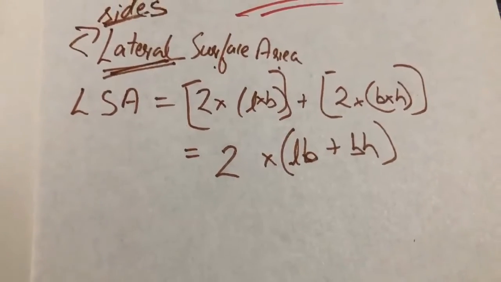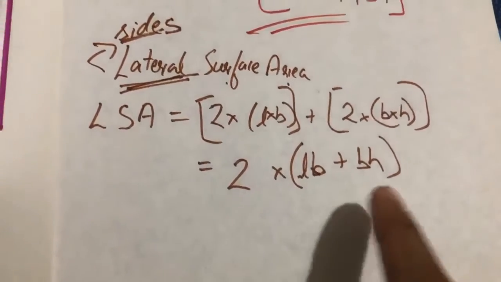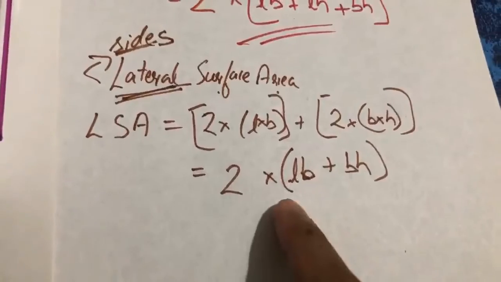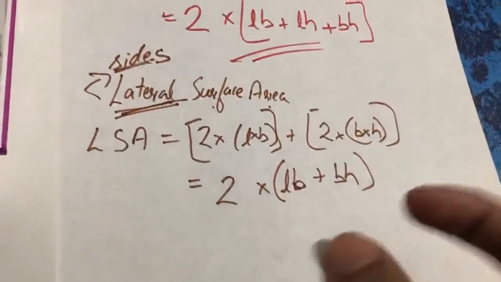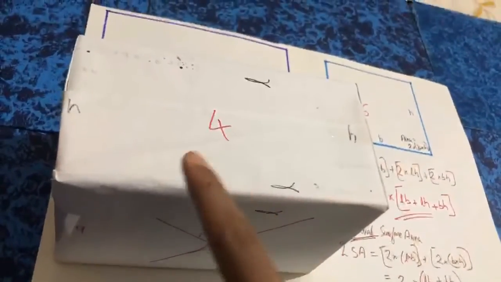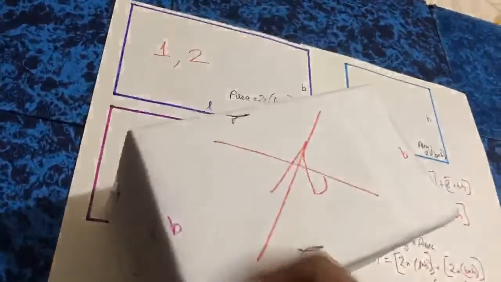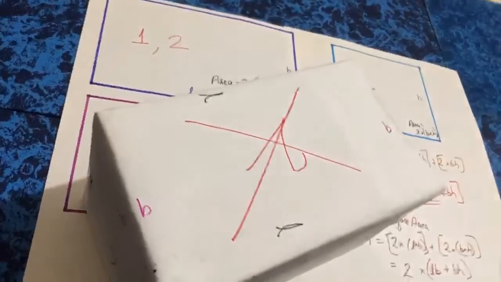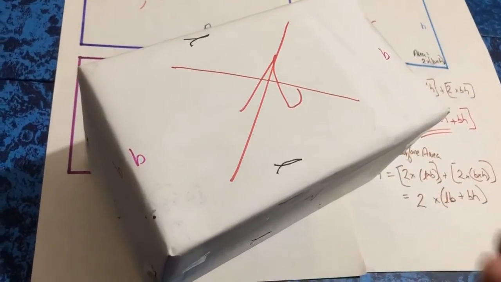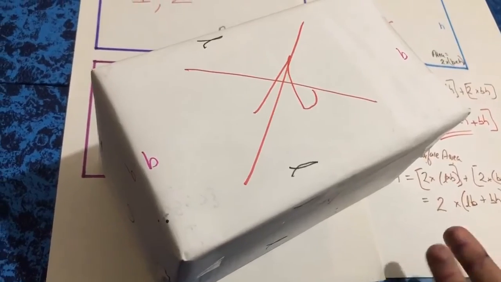Now students, this base and height can change. Length, base and height, all these 3 dimensions depend on what you call length, base and height. For example, if I call this base, I could call this height, and I could call this length. I could call this length and I could call this base. There would be no problem. These are all just dimensions.